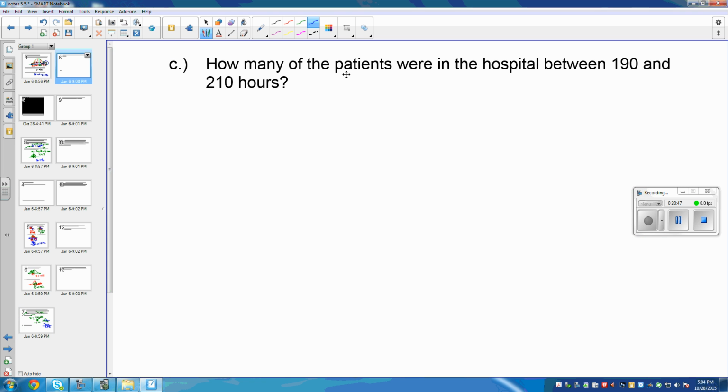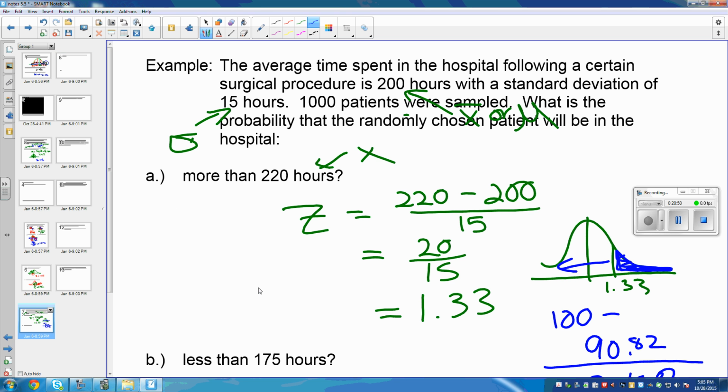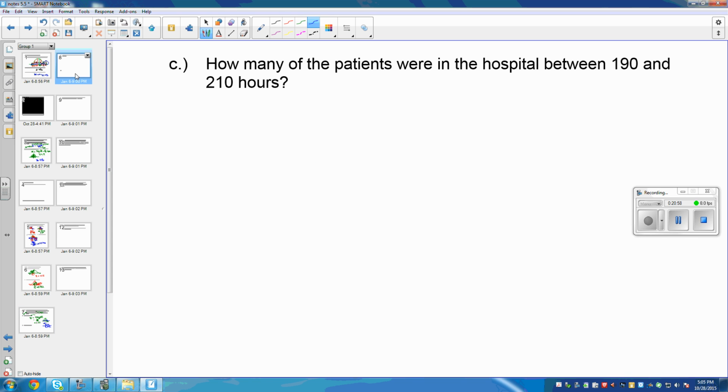The next question says how many. Okay, so this is actually asking for an actual number. How many of the patients were in the hospital between 190 hours and 210? Okay, so if we were going to draw it, we'd actually end up with two lines and we need to go in between, right? But how do we know where the z-score actually falls?